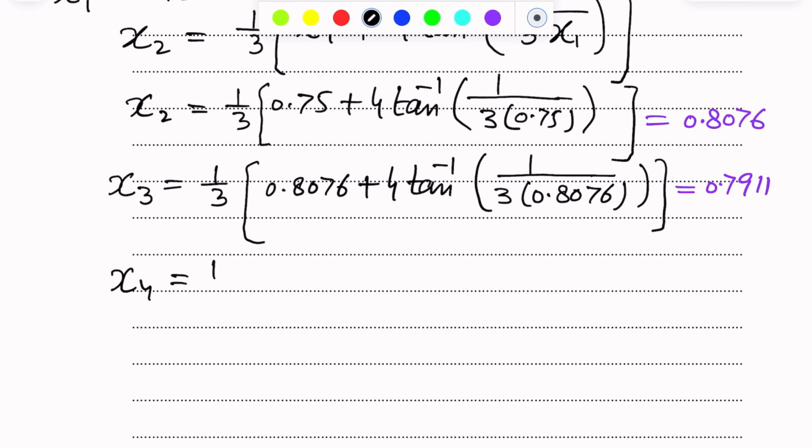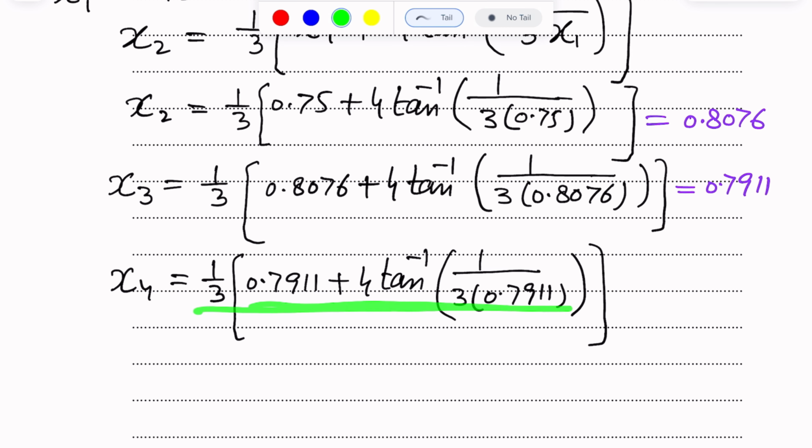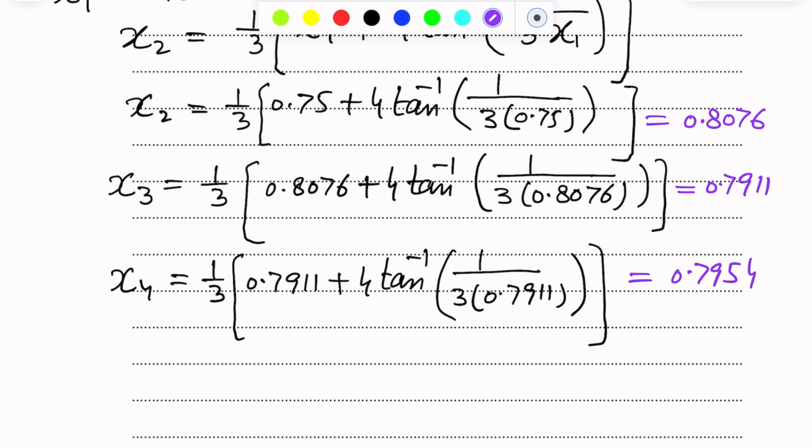Now we will find x4, that is 1 over 3, the value of x3 is 0.7911. Putting in here 0.7911 plus 4 tan inverse 1 over 3 into 0.7911. After calculating this, we get the answer of the iteration is 0.7954.